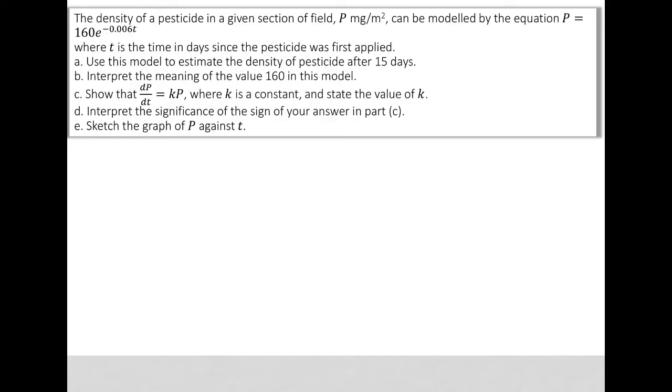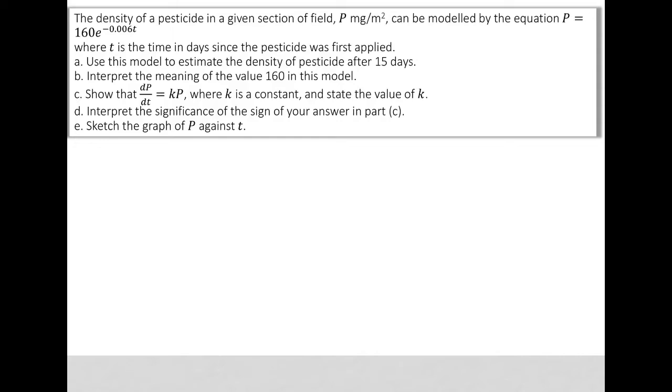So let's pause and read what it's saying. The density of a pesticide in a given section of field, P milligrams per metre squared, can be modelled by the equation P equals 160 e to the negative 0.006 t, where t is the time in days since the pesticide was first applied.